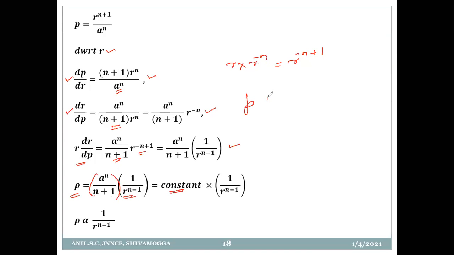Rho is directly proportional to 1 / r^(n-1), or you can read it as rho is inversely proportional to r^(n-1). This is what we require.